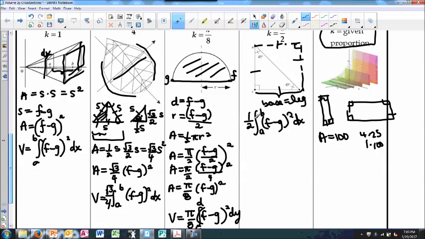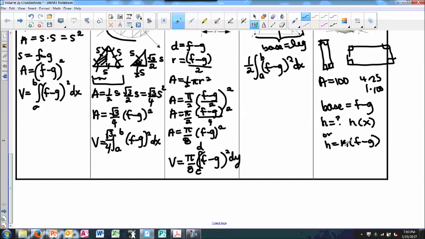This means that your base still has to be the difference between your functions, but the height would have to be given to you. So it's either going to be given as a separate function entirely, having nothing to do with f or g, or the height would have to be given to you as some proportion of f minus g.